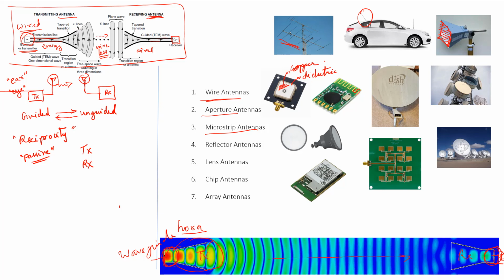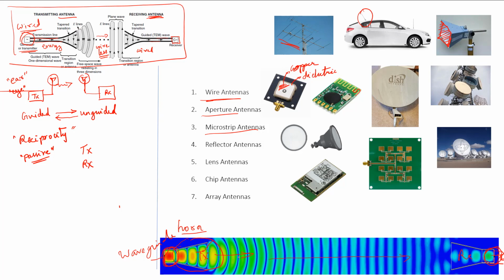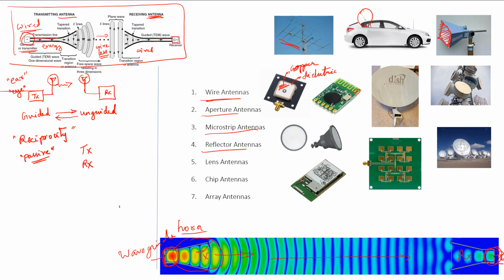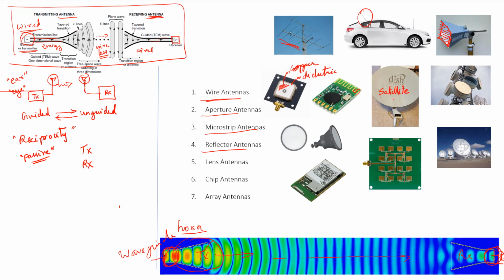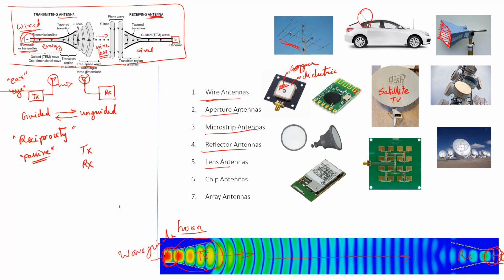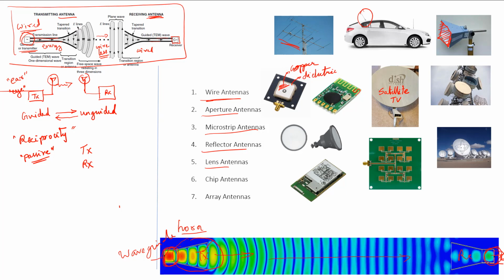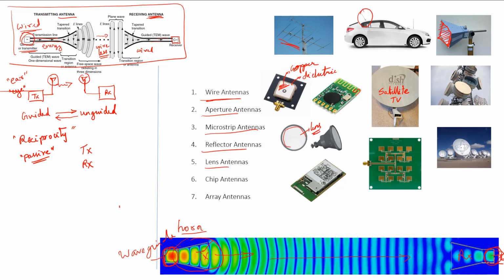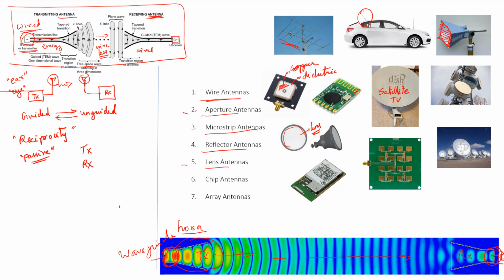Whenever the charge is accelerating or decelerating, that's when the antenna is radiating electromagnetic energy. The fourth category is reflector antennas that you see here, typically used for satellite TV reception. The fifth type is the lens antennas, which are essentially aperture antennas with the aperture being filled up with a lens, so that the radiation characteristics are more controlled, having some advantages over the aperture antenna.